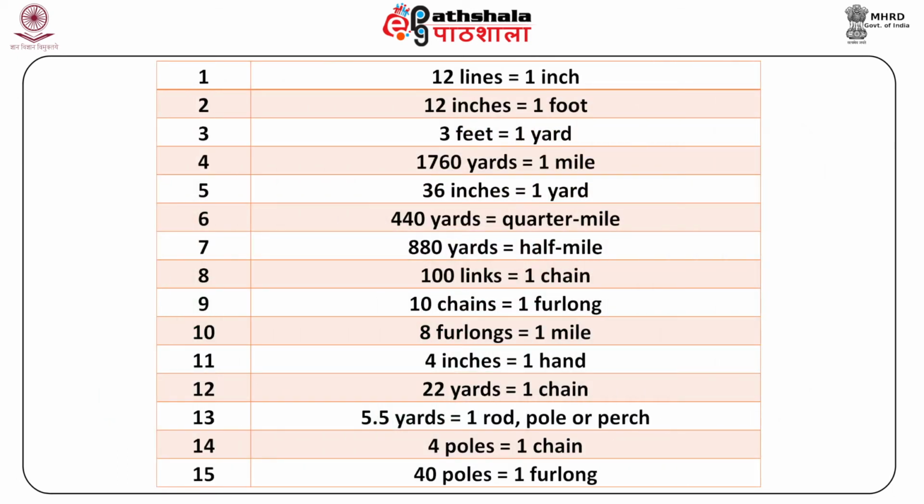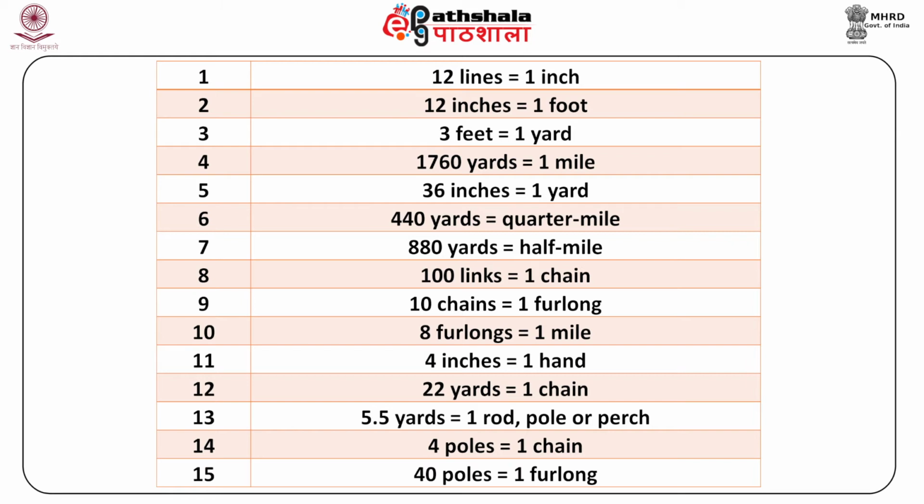The given conversions which are commonly used are shown. Technically, one conversion is required, but sometimes it is easier to use the one which is closer to the values of our requirement. Now let us see the English system of measurements to measure distance.